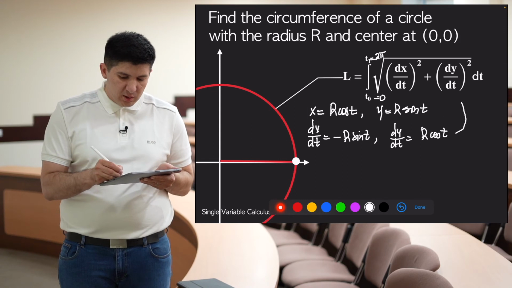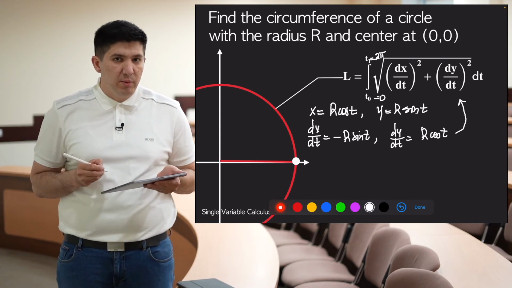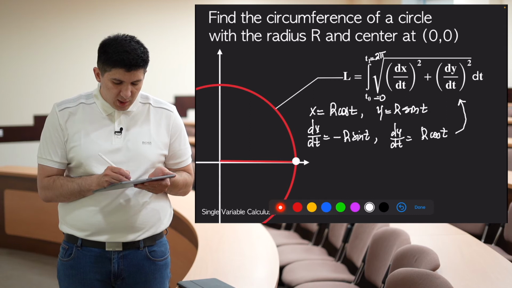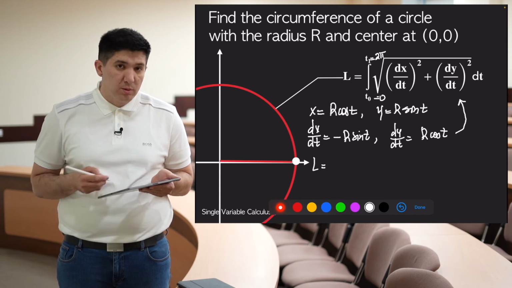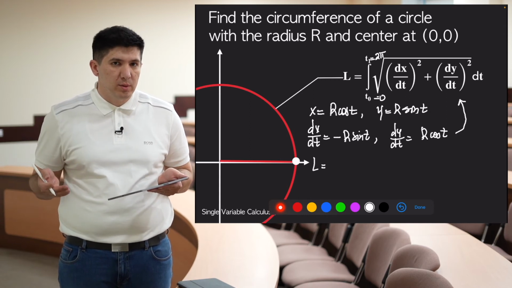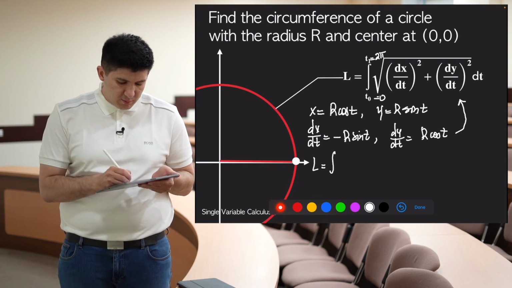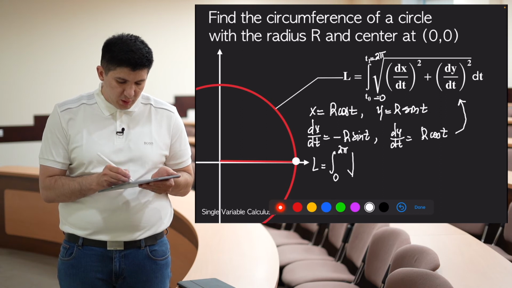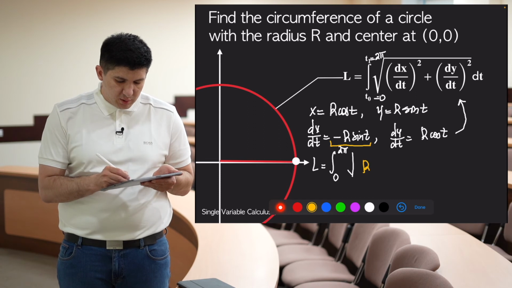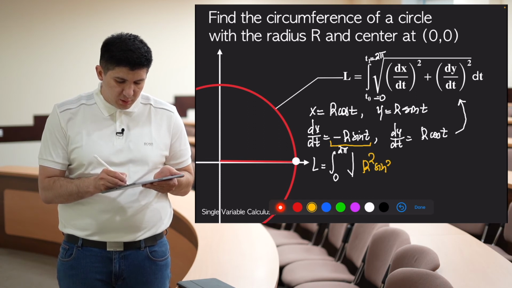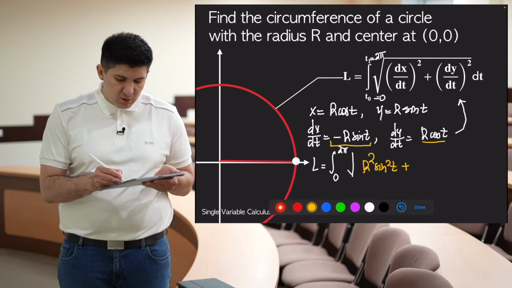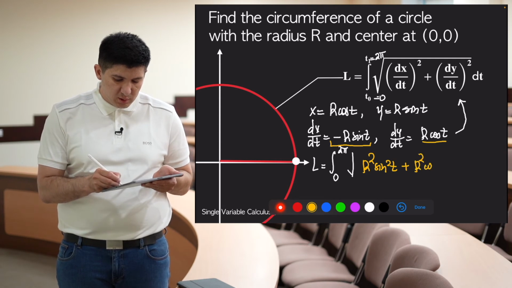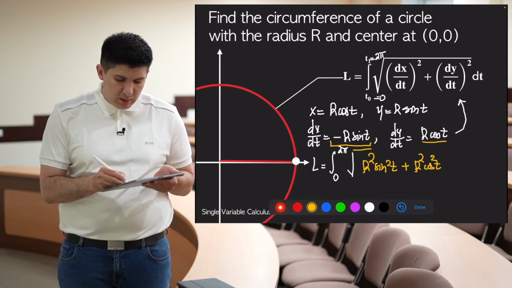And if I substitute dx/dt and dy/dt into this equation, what I'm going to get is that the arc length, or the circumference of a circle with radius r, is going to be the integral from 0 to 2 pi of the square root of the square of this term, which is simply r squared times the sine squared of t, plus the square of this term, which is r squared times the cosine squared of t, dt.